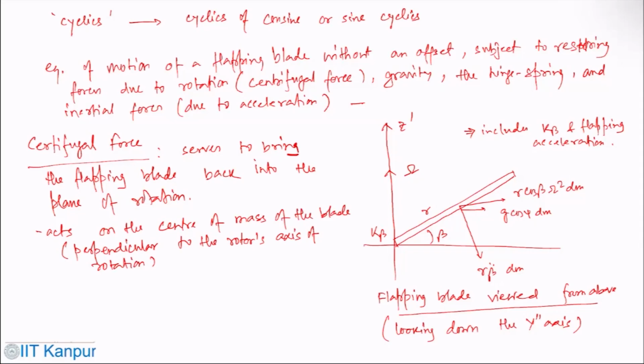So now from this particular figure, we can write that Fc is R cos beta omega square dm.